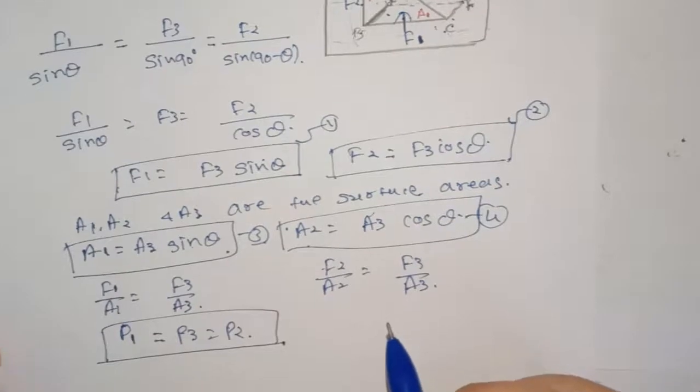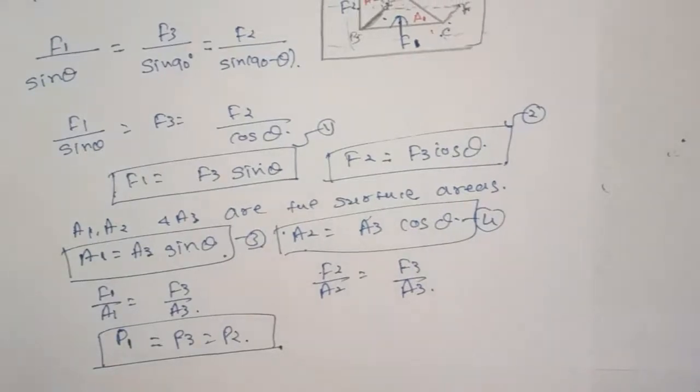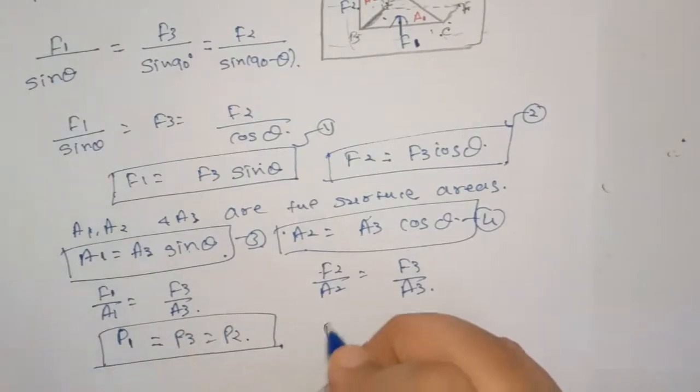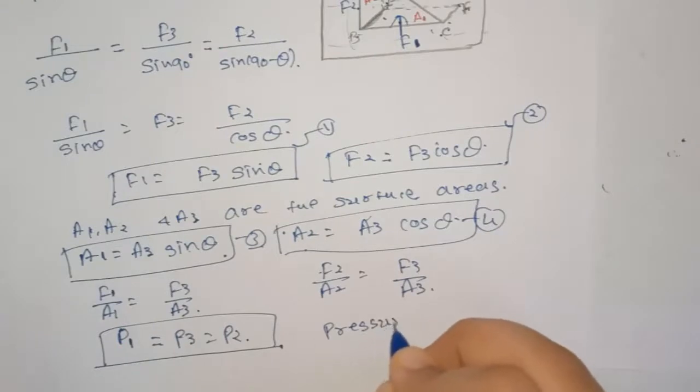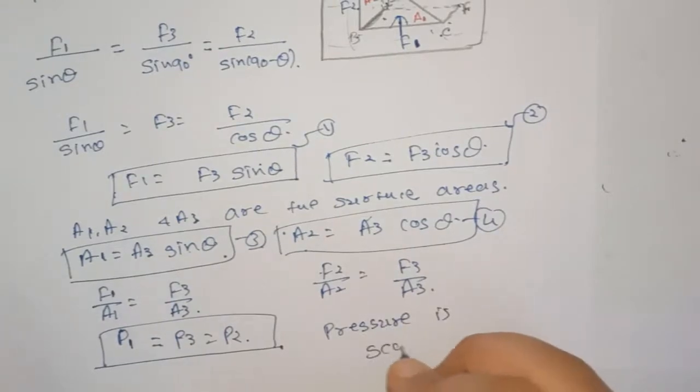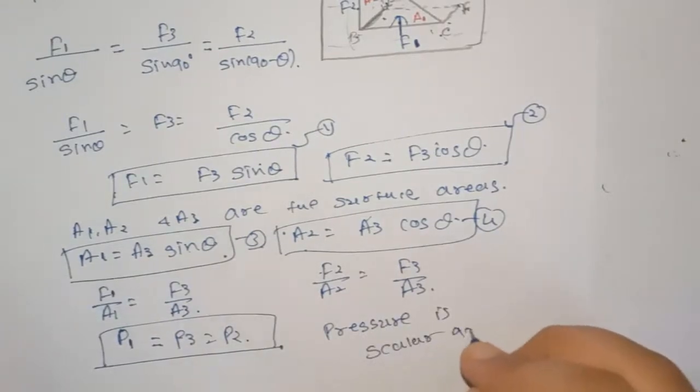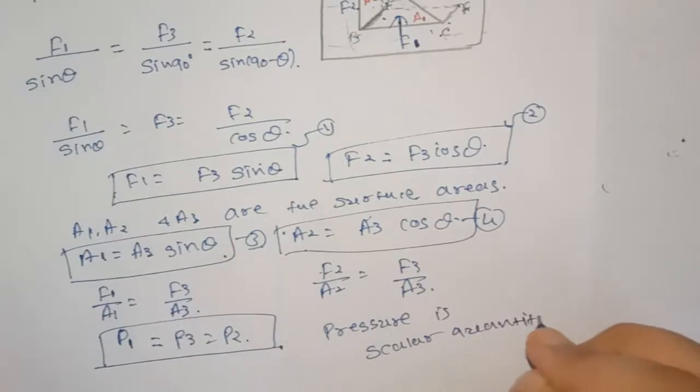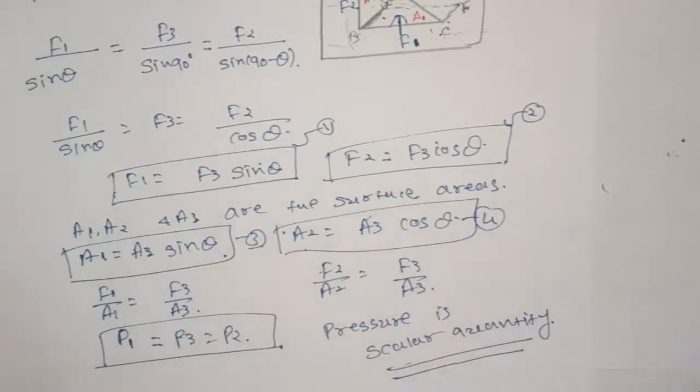That means the pressure at all the surfaces are equal, and the pressure applied is transmitted equally and undiminished. It again proves that pressure is a scalar quantity because it is same in all the directions, so it is independent of direction.